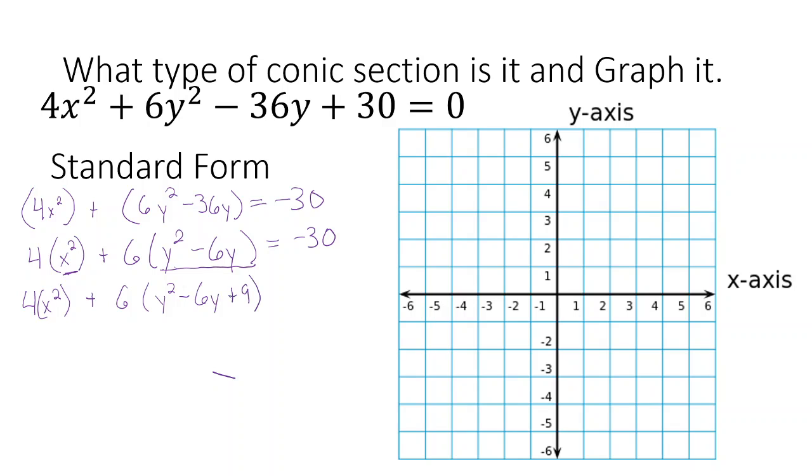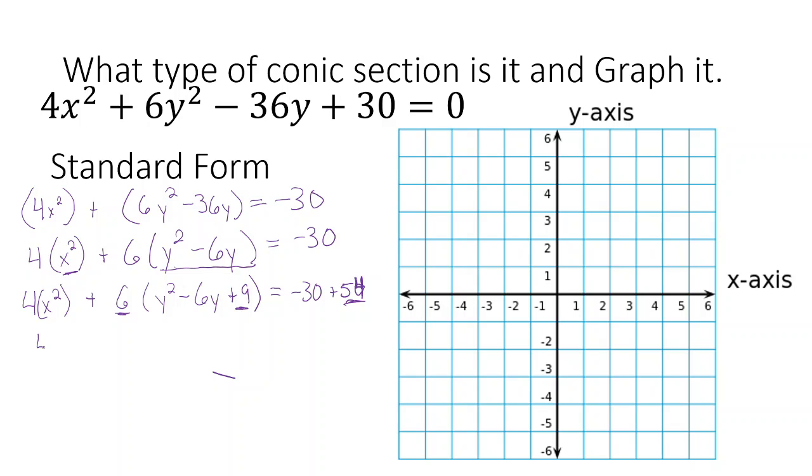So if I have 9 there, and I want to add that to the other side, I'm going to actually add 54. Do you know why I added 54 and not 9? Well, the reason I added 54 is that 6 times 9 gives me 54, because remember, you have to multiply that 6 to each term. Okay?